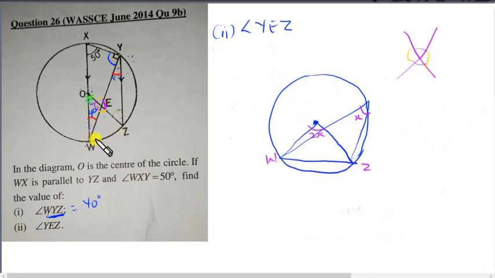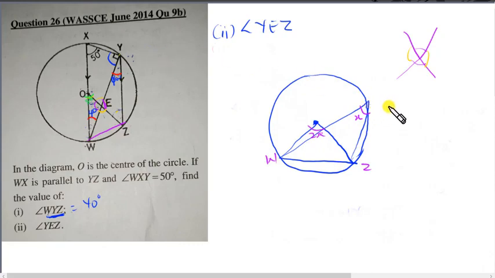If you look at this, we can connect these two points. WZ forms an angle here, which now we know as 40 degrees, and that same WZ forms an angle at the center. So if we have a situation where one chord subtends an angle at the center, and that same chord subtends an angle on the circumference in the same segment, as we see here, then the angle at the center is twice the angle on the circumference.